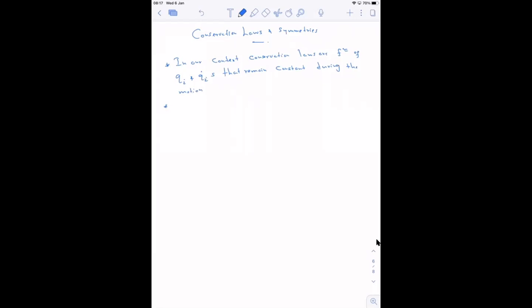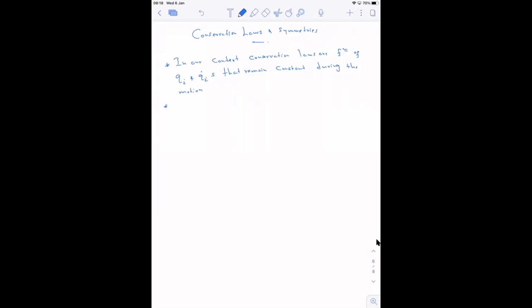Now these constants are actually called first integrals because you know that we have q's and q dots, which we called generalized coordinates and sometimes generalized velocities in our equations, and we don't have accelerations, right? So those would be second integrals.